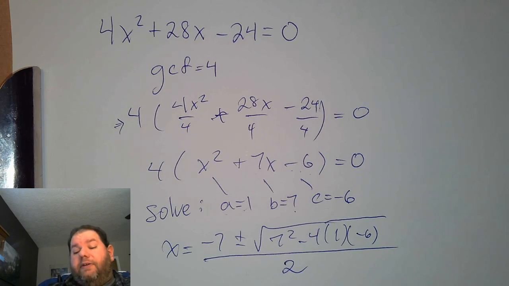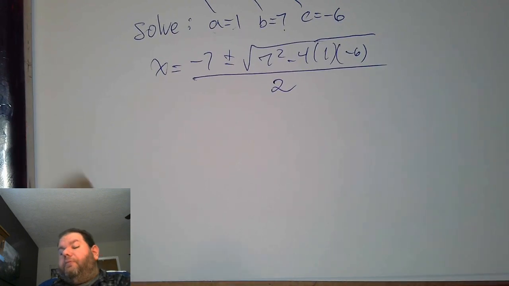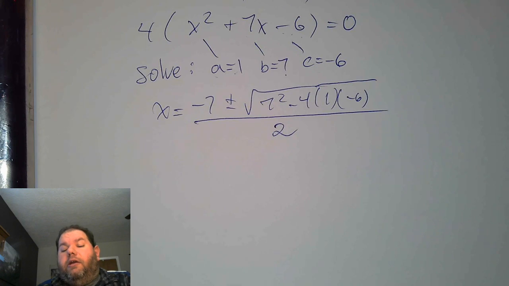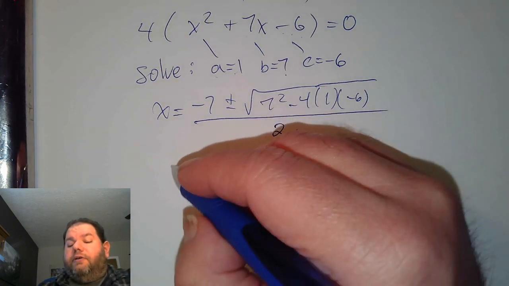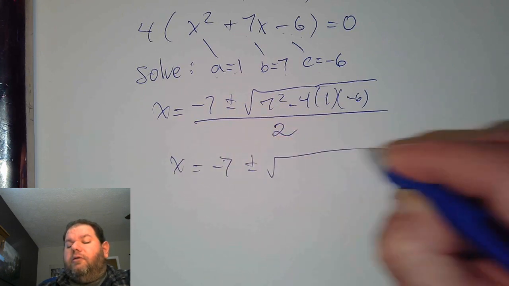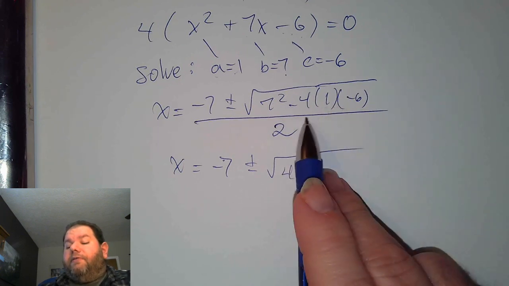So that gets everything plugged into the quadratic formula. And so let's go ahead and simplify everything under the square root. We know 7 squared is 49. What about the rest of it?